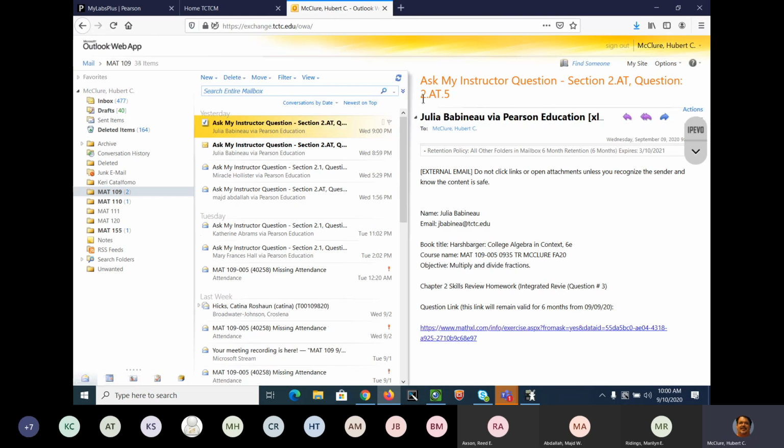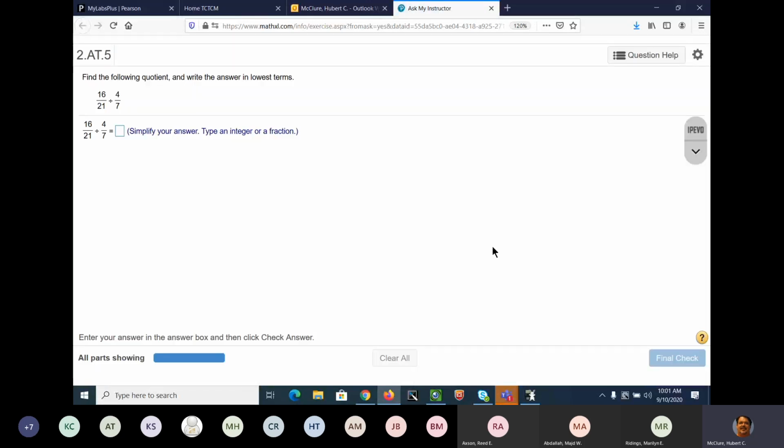This is 2, 5. So this is number 3 on your review homework. Find the following quotient and write the answer in lowest terms. So I'm glad to see this because a lot of people forget how to do fractions.